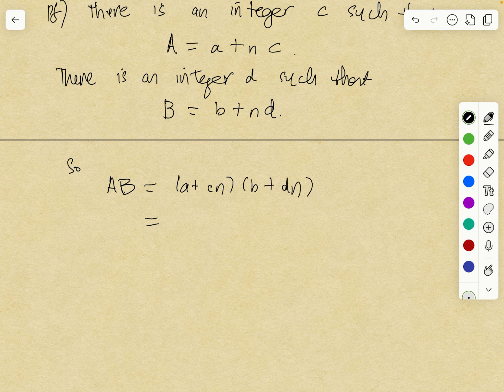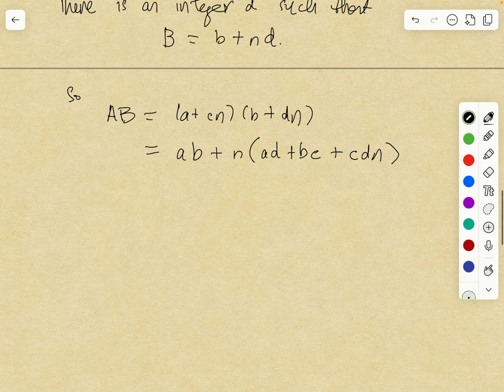And this is equal to ab plus some terms where you can factor out an n. That's the point. You get ad plus bc plus cdn inside the parentheses, times n. And when you reduce mod n, this is congruent to ab. So that's the proof.